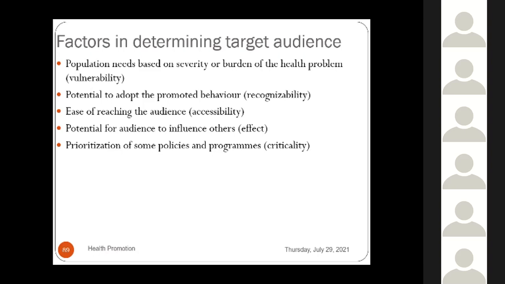COVID has also contributed to that, because during the lockdown, a lot of people were in the house and having unprotected sex. That also contributed to the rise in the HIV cases that we have today. So all of this, you must look at and see how best you'll be able to resolve them before you can choose your target audience. If you have any question, I'll respond to it. If you don't have, then we close class here.